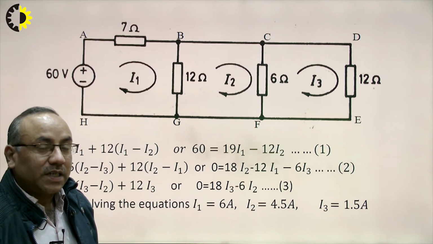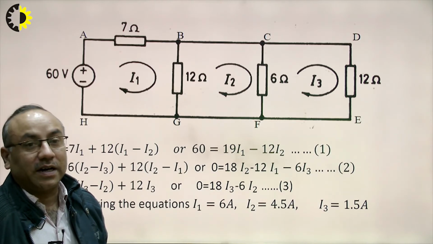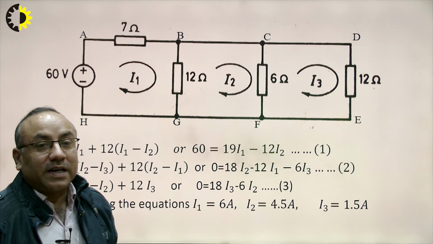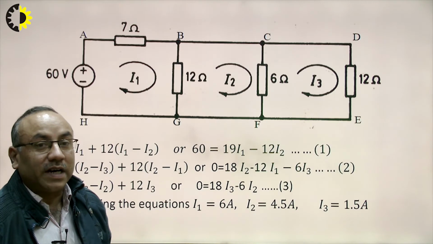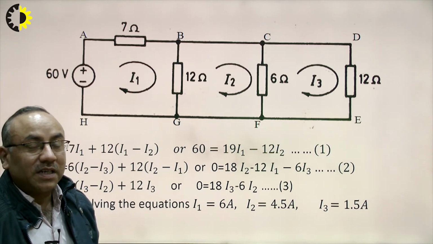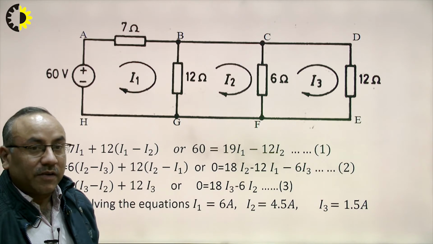It may be clockwise or counterclockwise, any orientation can be selected or assumed. In this case I have selected clockwise orientation in all the 3 meshes for the mesh currents I1, I2 and I3. Then, as per previous discussion, we can write the equations with the help of KVL for the 3 meshes.